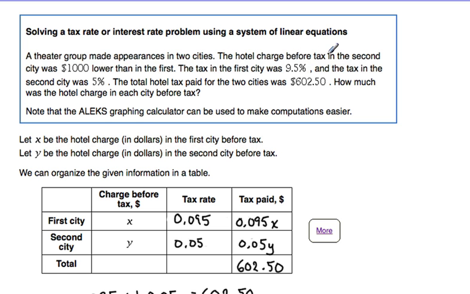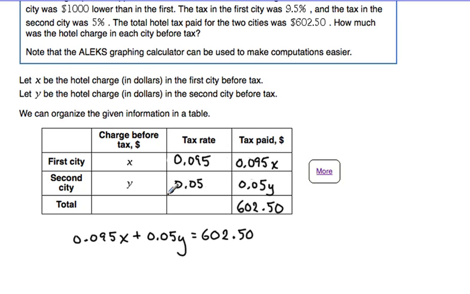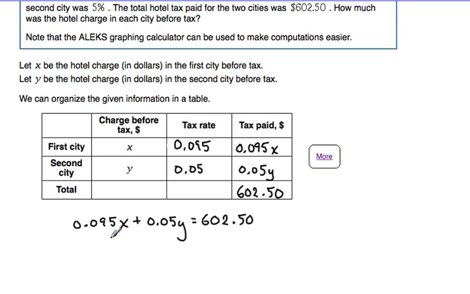The hotel charge before tax in the second city was $1,000 lower than in the first. The hotel charge in the second city is represented by the variable y, and the hotel charge in the first city is represented by the variable x. So we're going to write y is equal to x minus $1,000. y, the hotel charge in the second city, is $1,000 less than the hotel charge in the first city.